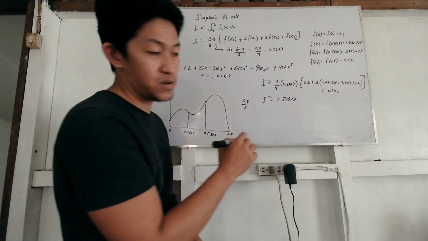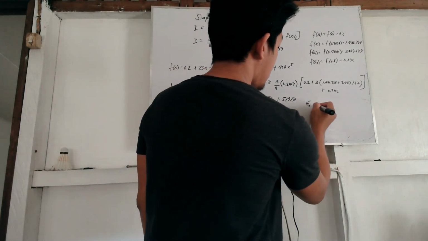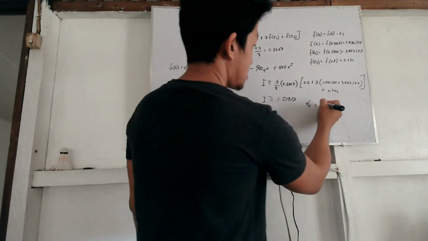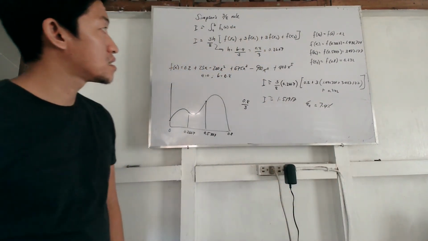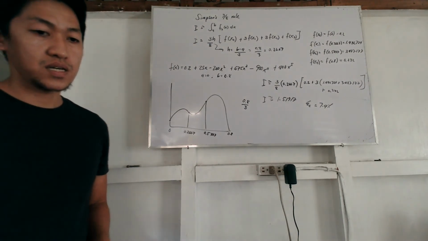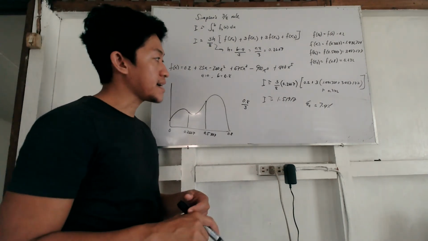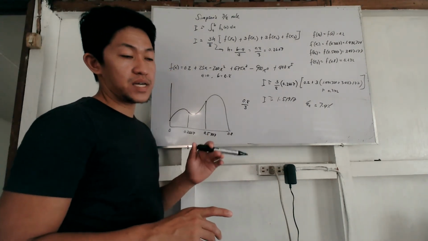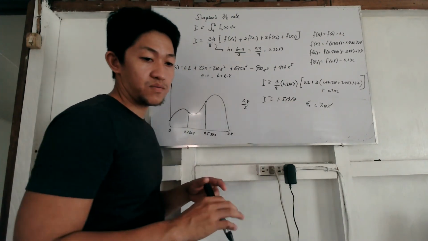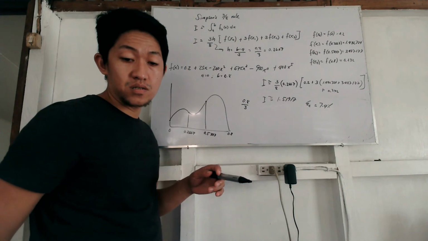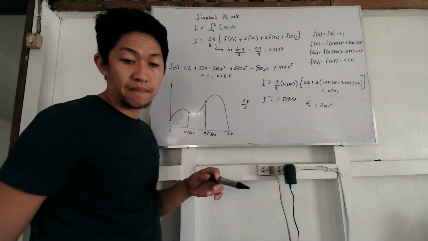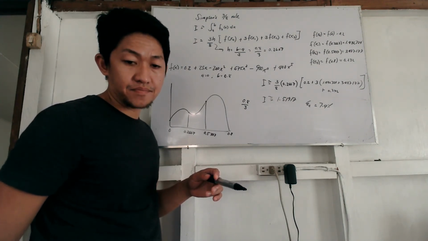Now, this will give you a true error of 7.4%. So among the other methods, this has a smaller error for a single application. Okay?